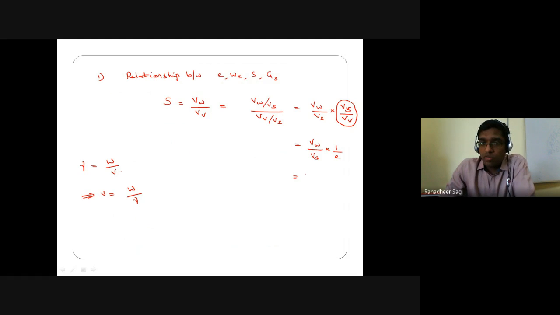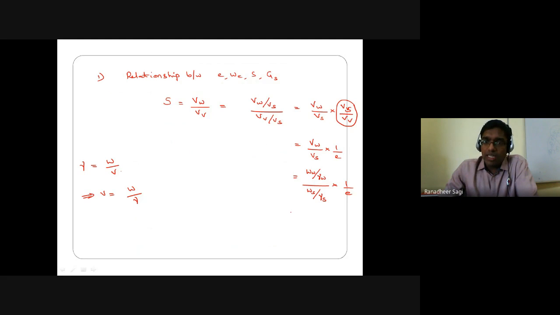So the volume of water I can write as weight of water divided by unit weight of water. Further divided by volume of solids, which I can write as weight of solids divided by unit weight of soil solids, into 1 by e, which is already there.